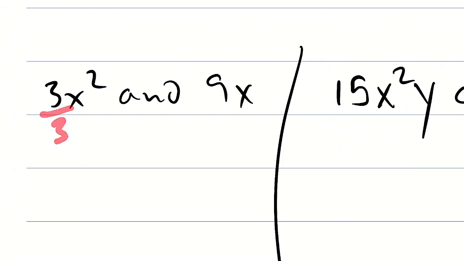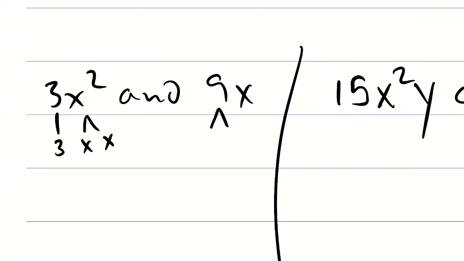So that would be the only factor of 3. Now let's look at the variable here. That variable has two factors, x and x. The x squared is x and x. That's it. We're done with that part.